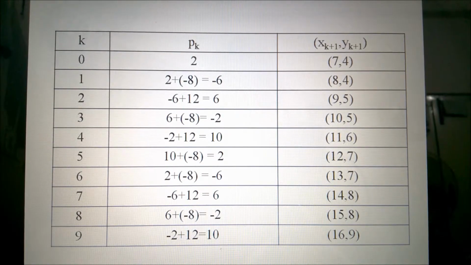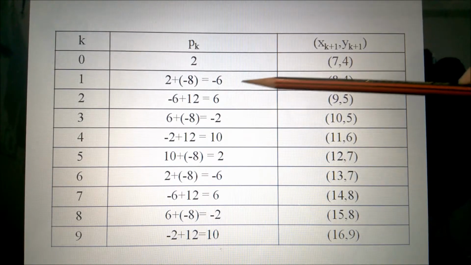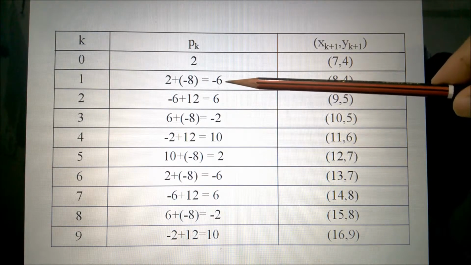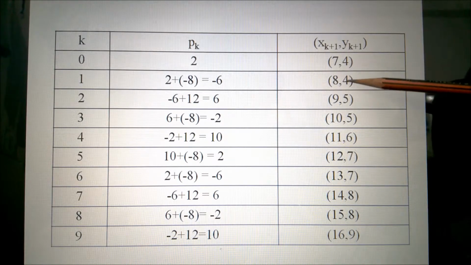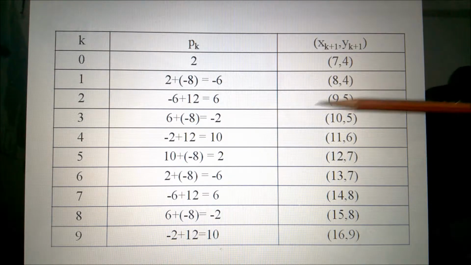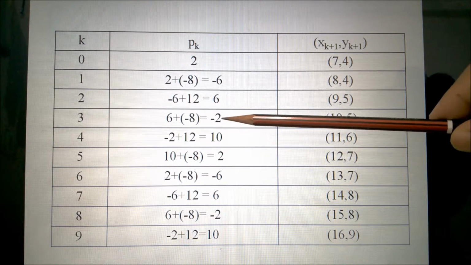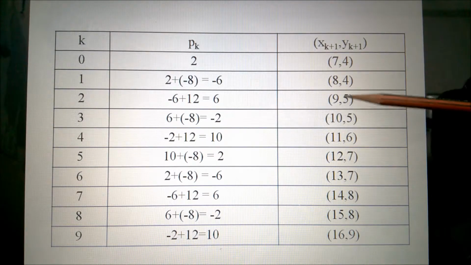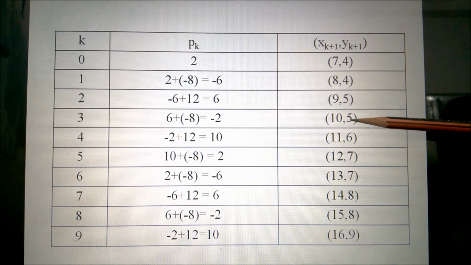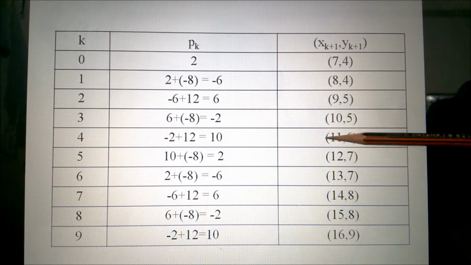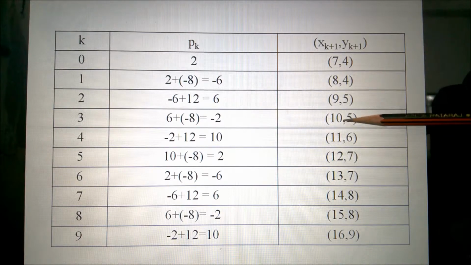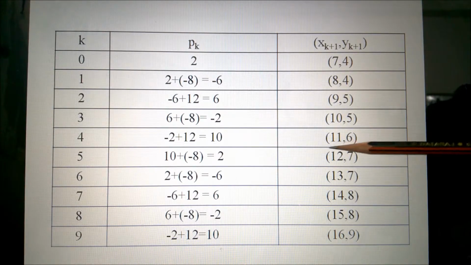Now you can see the next decision parameter is found to be -6, and then the x coordinate is incremented but the y coordinate remains the same. Therefore, wherever the decision parameter is negative, the y coordinate is not changing, but the x coordinate is incremented as usual, because x has to be sampled at unit step every step.